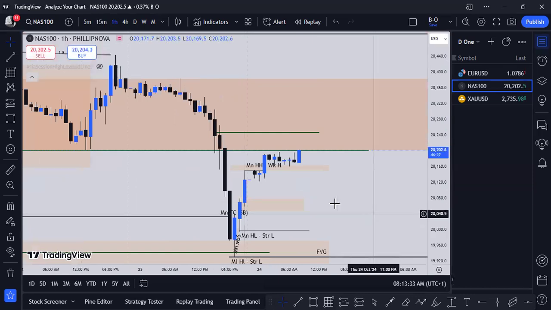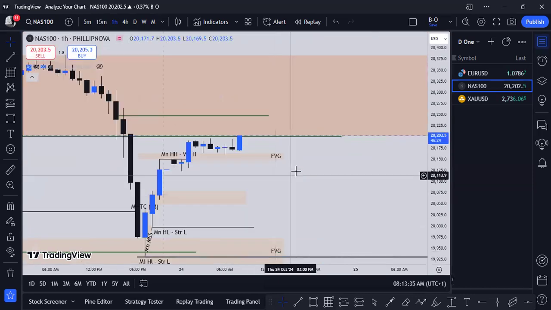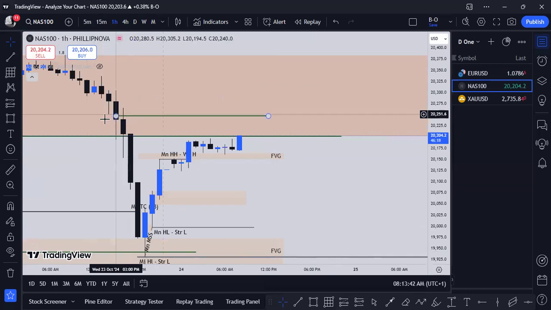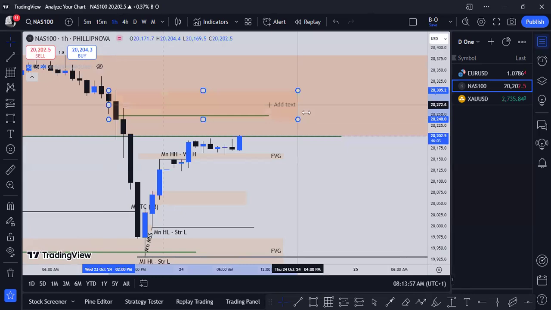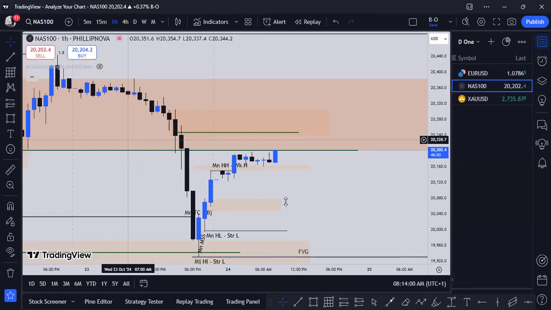So we can assume the price that we are expecting to see, to send price lower from this angle. So we can pick it from here to here. These internal structures that we have here, we can expect them to send price below and give us just 1 to 2 into this level.